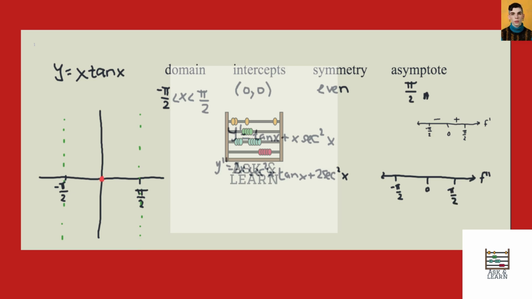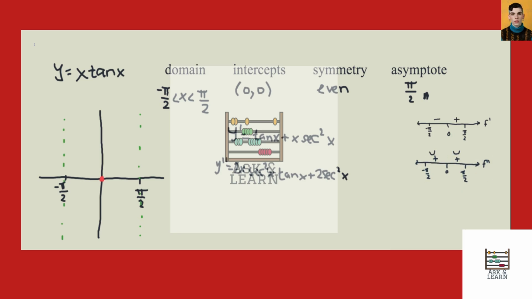So plugging in values into the second derivative between negative pi over 2 and 0, it's going to be concave up since it's positive. And here as well, it's going to be concave up. So because there's no sign change, it's not an inflection point, and it's always going to be concave up between the interval negative pi over 2 and pi over 2, and that's not included. All right, so that's the second derivative test.